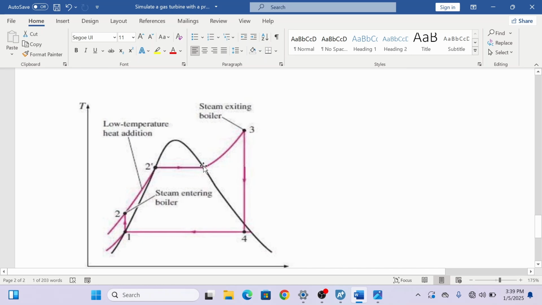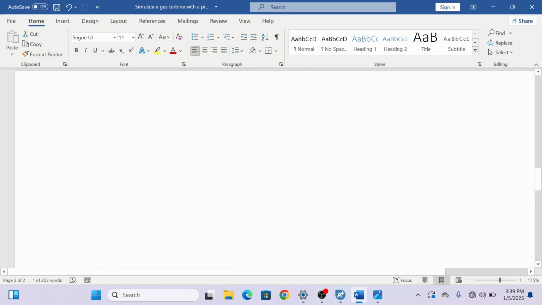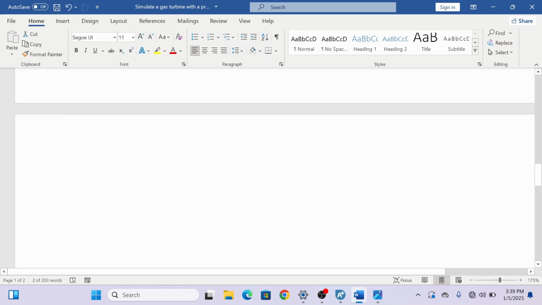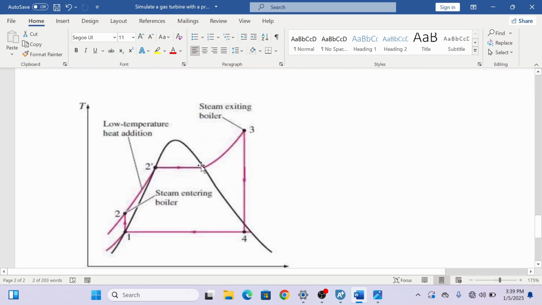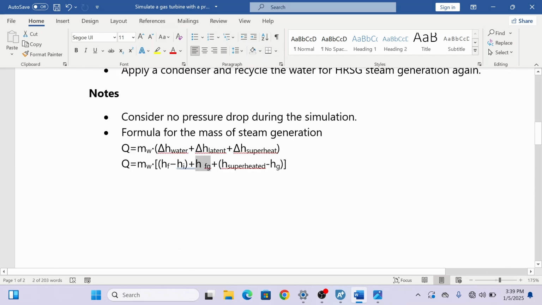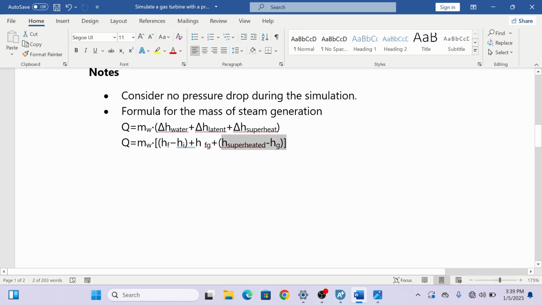After adding all the latent heat, which is represented by HFG, this point will come here. Now the temperature is 100 degrees, but all of the water has evaporated into steam. Because we have to produce superheated steam, if you continue to add heat, this heat is represented by this HF minus HG.